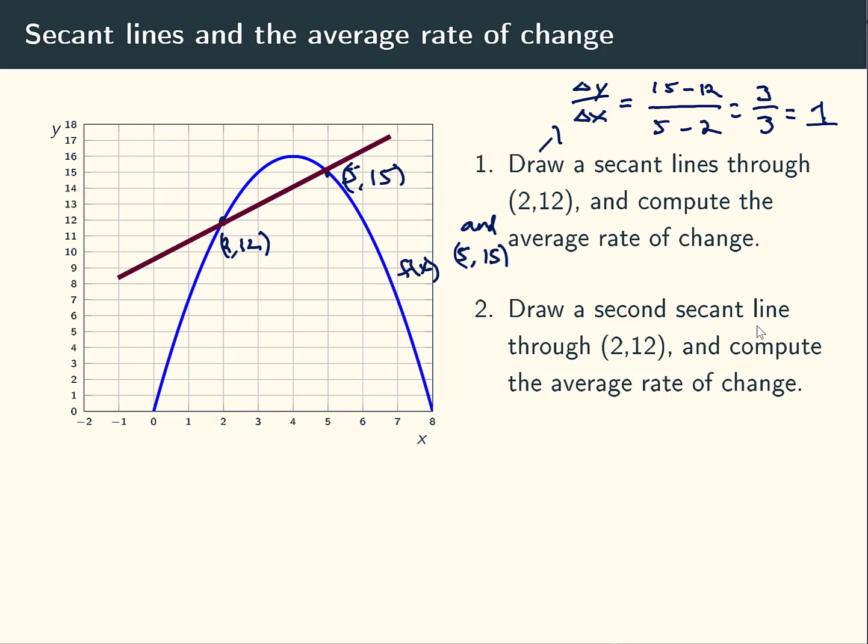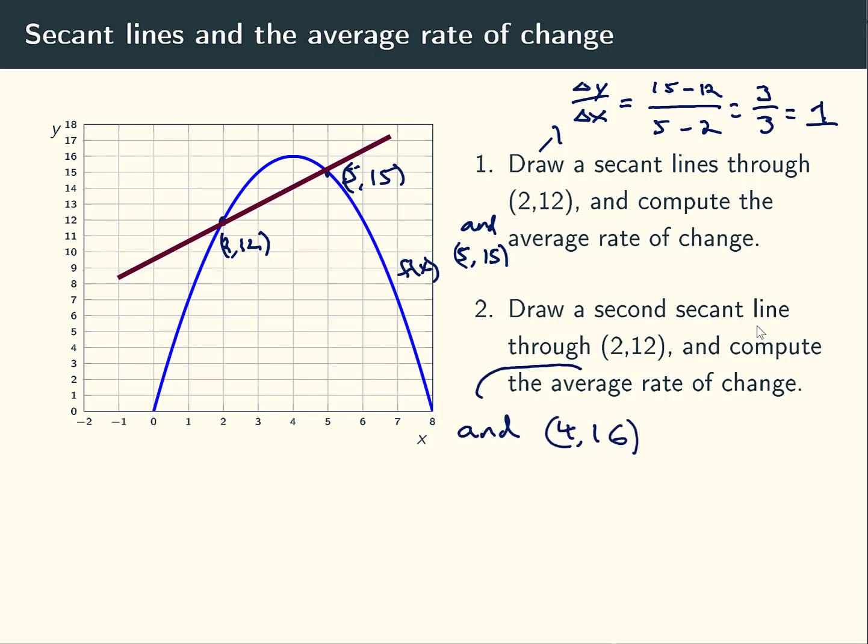And that's how we can use the secant line to compute the average rate of change. We're going to look at the average rate of change from where the secant line first crosses the function to where the second time it crosses the function. Now in part 2, we're going to draw a second secant line. It's also going to pass through the function at the coordinates x equal 2, y equal 12.